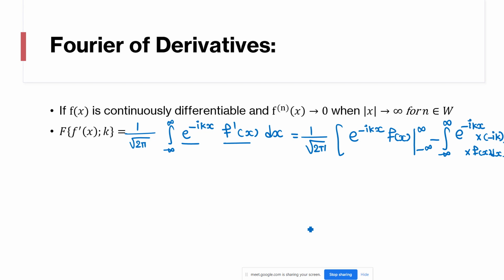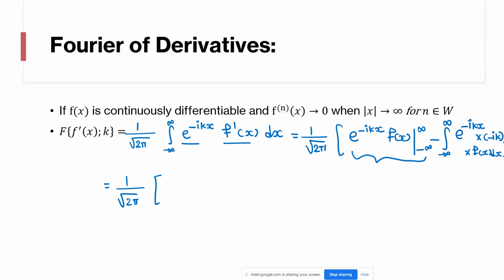So that is 1 upon root 2 pi. What would be the first term? This much part, Mandar. Suppose I substitute the limits minus infinity and plus infinity, what would be my answer? If I substitute infinity in place of x, once I put infinity, once I put minus infinity, it won't be f of x.